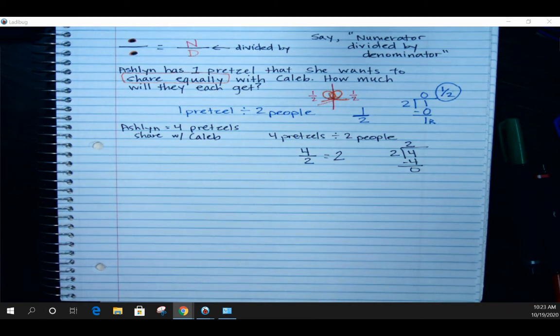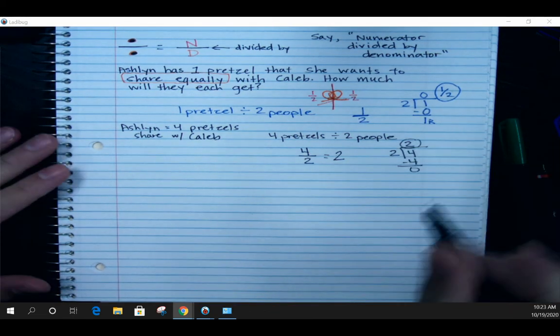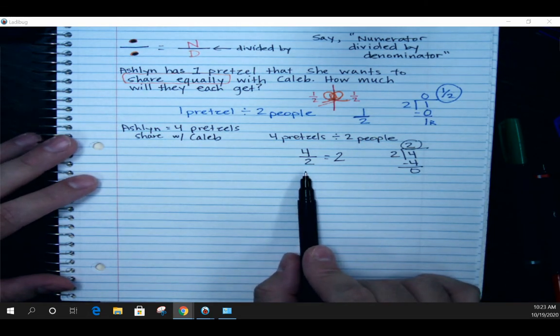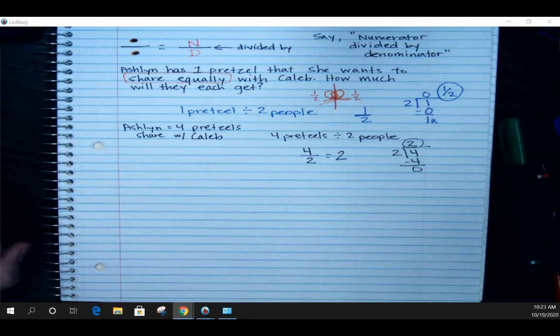They each get 2 pretzels. But we need to see it as a fraction, because the answer might be 4 halves. It would be like if I cut each one of those pretzels in half and gave Caleb 4 halves and Ashlyn 4 halves. Or I could just hand Caleb 2 and Ashlyn 2.